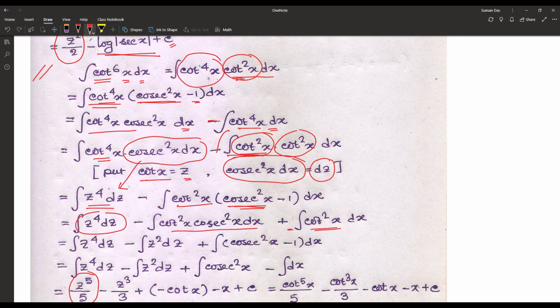Once again if we put z is equal to cot x, we get cosec square x dx, which we write as dz, and that one as z square.